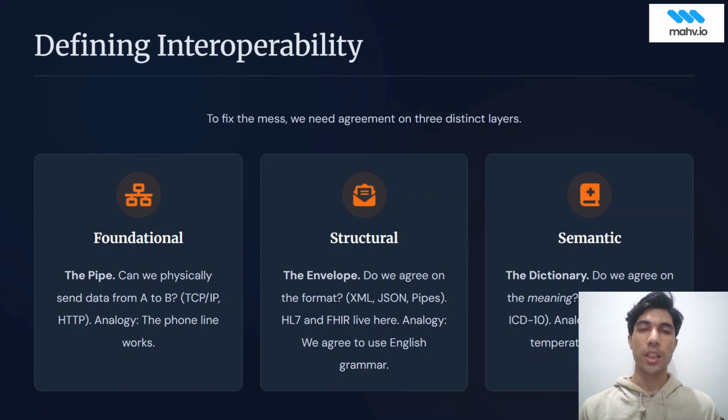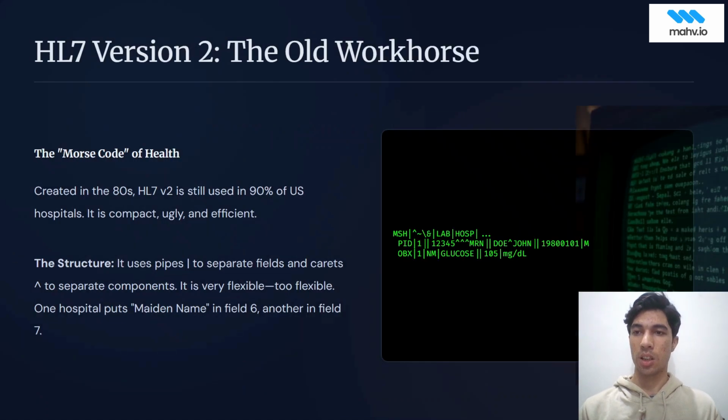And then we have the semantic layer. We must agree on the dictionary, and that we agree on the meanings of words. And here we have standards like ICD-10 and the Systematized Nomenclature of Medicine and these kinds of standards. So we must agree on these three distinct layers first.